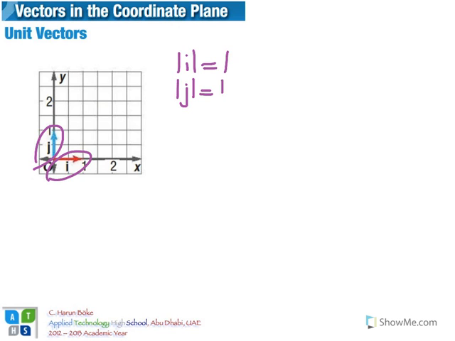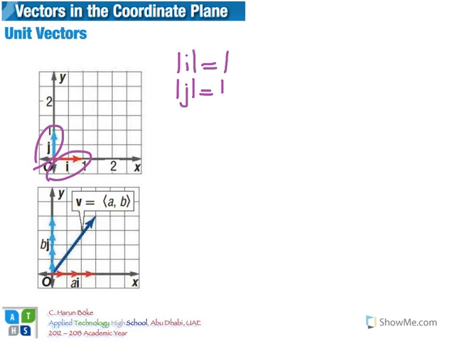We can express any vector as a combination of unit vectors, or as a vector sum of unit vectors. So if you look at the second graph we have in here, if we consider a to be 3 and b to be 4, we can look at the x component being 3, so we can say this is 3i, whereas the y component will be 1, 2, 3, 4j.